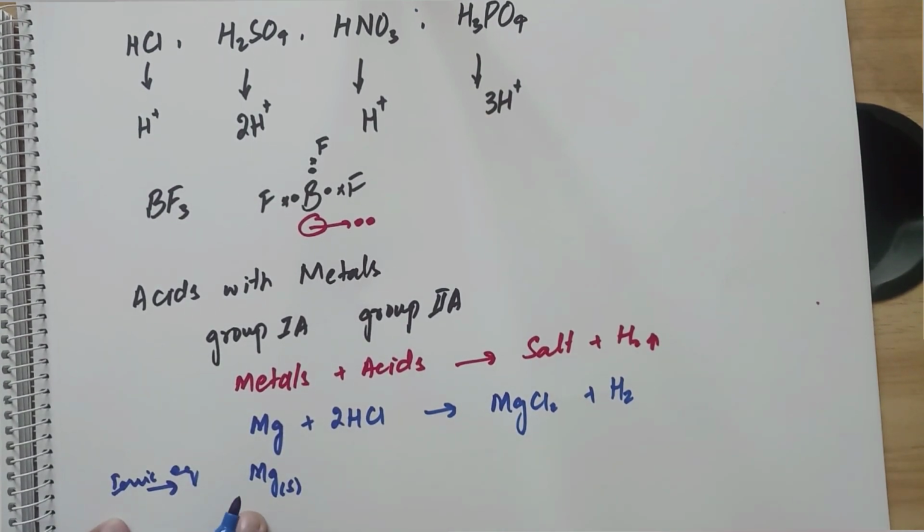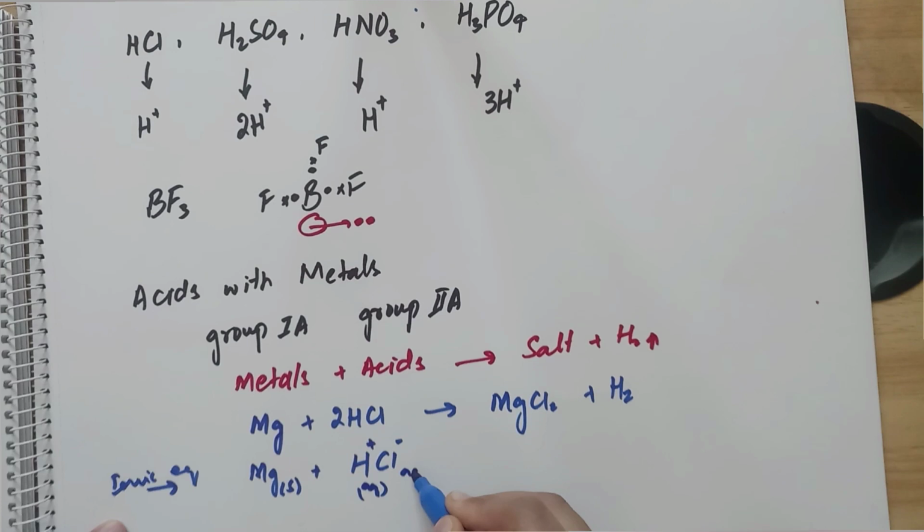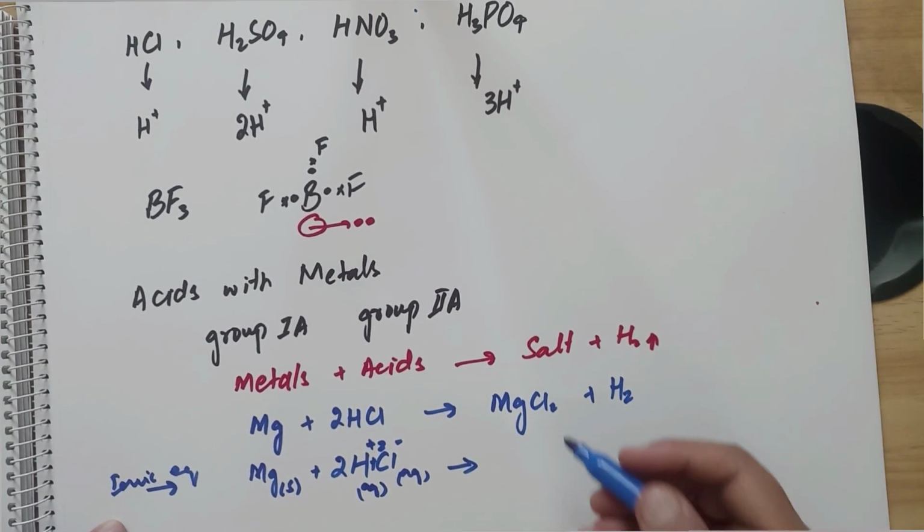Metal, that is magnesium, remains in a solid state because it is a metal and it will not ionize in a solution, while the HCl will ionize in a solution and form hydrogen ion in aqueous and chloride ion in aqueous. Two ions indicate that two hydrogen ions and two chloride ions will be formed. Is it clear? And the salt is formed.